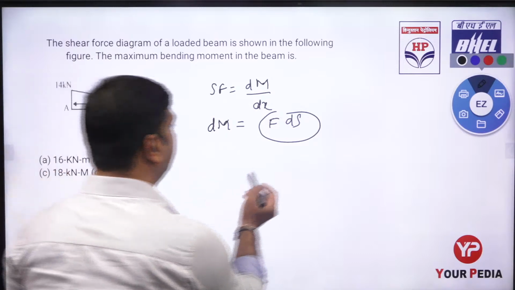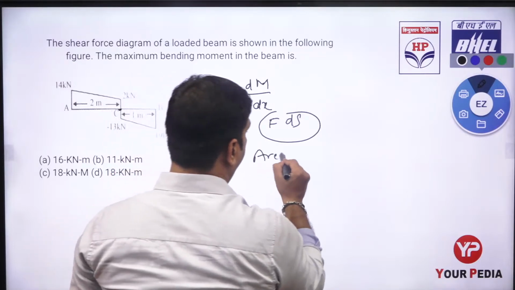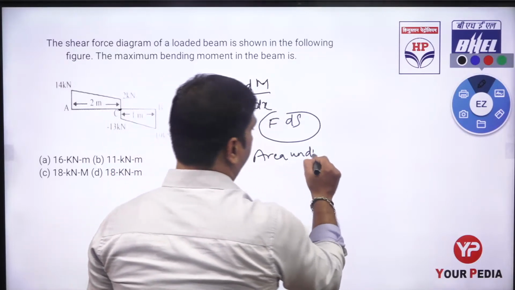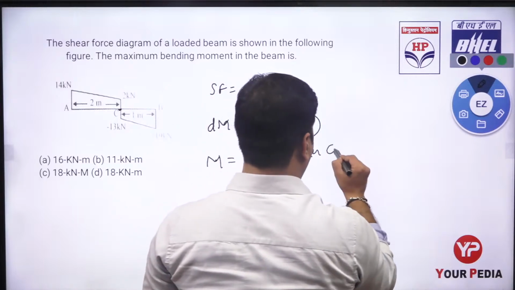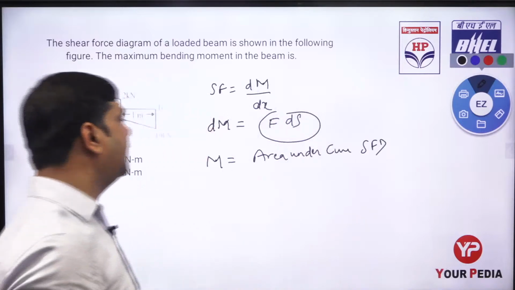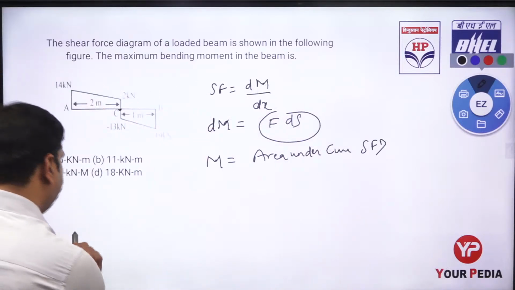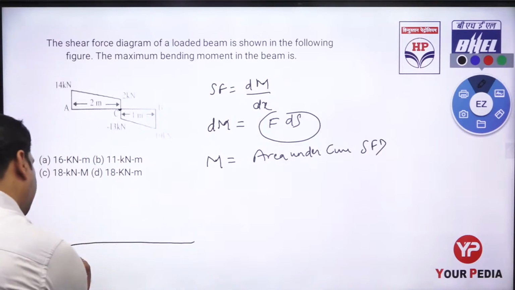So I have considered the area under the curve of the shear force diagram, that is, the area that comes inside the shear force diagram. Just look at the diagram and analyze.